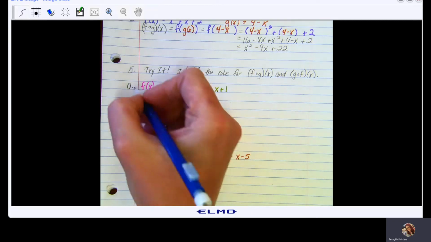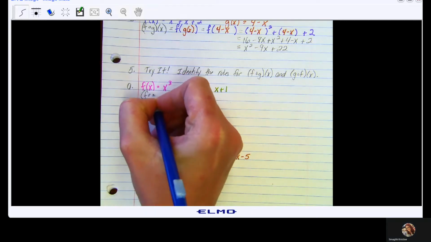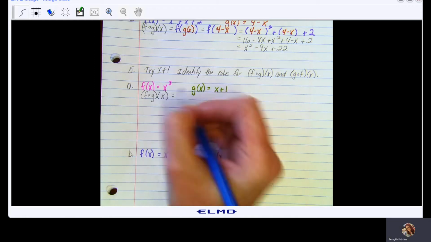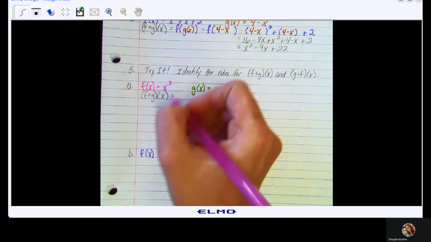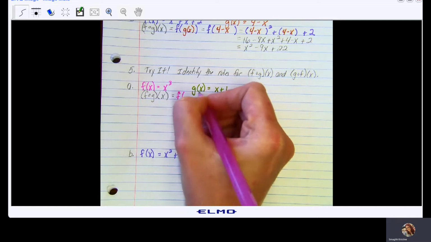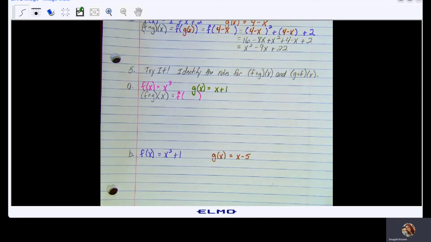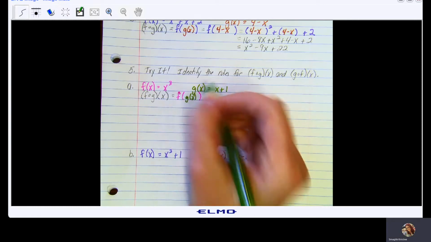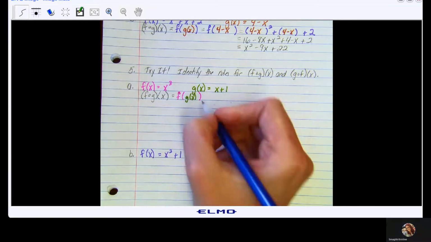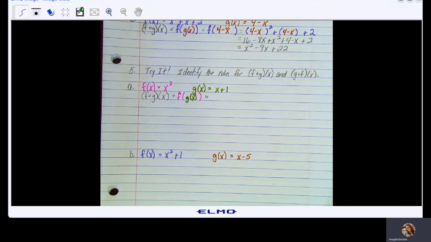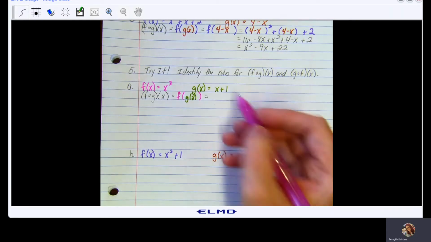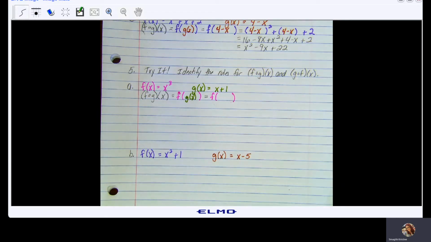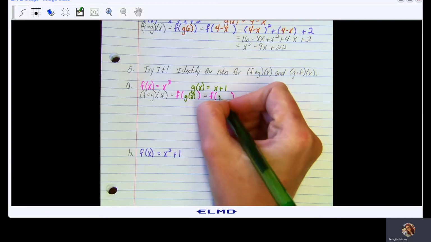F of g of x, we just did several like this, is the same, again, as f, where g of x is your input, so I have f, and my input is x plus 1.